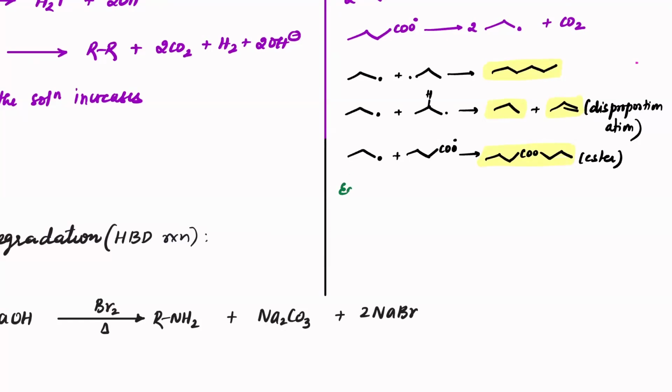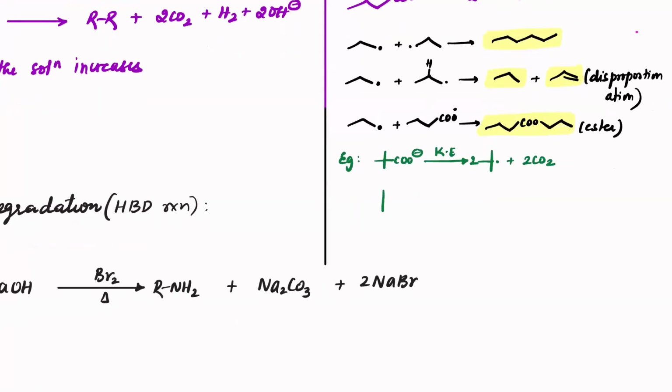And lastly, in case you have a highly bulky group like this, tertiary butoxide, and that is being subjected to coal-based electrolysis. So you will get this as dot plus 2 moles of carbon dioxide here. First I'll get COO dot plus 2 electrons, for 2 moles.